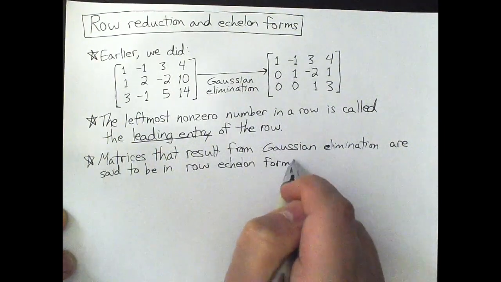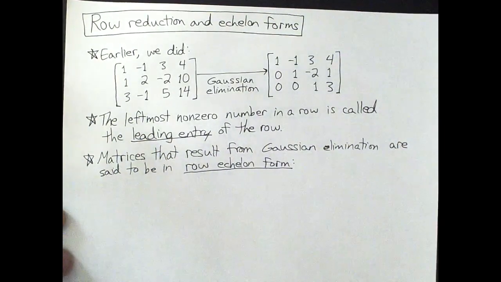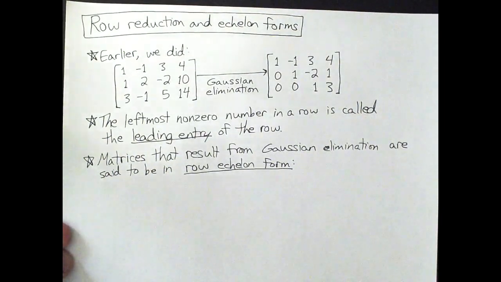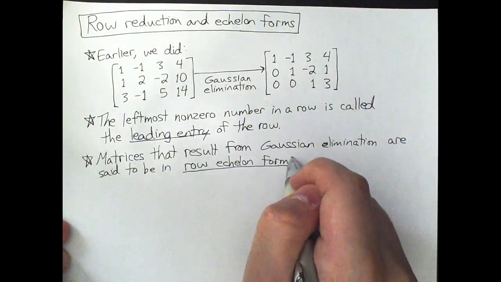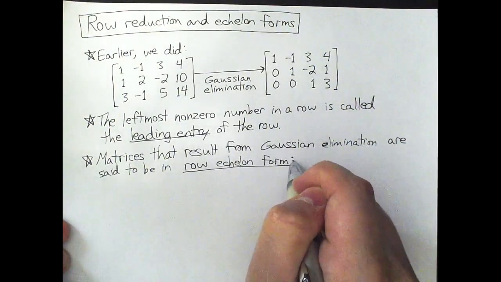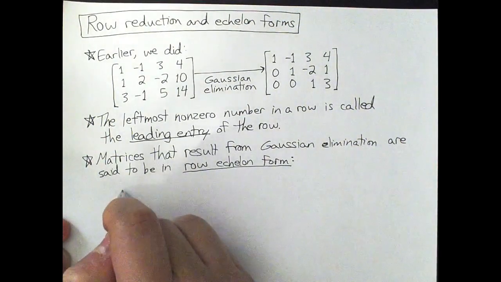Okay, so the title of this section said something about echelon forms, and you might be wondering, what is that all about? So that's what we're getting to here. Row echelon form, I wrote a little colon here. There's going to be two requirements to be in row echelon form.